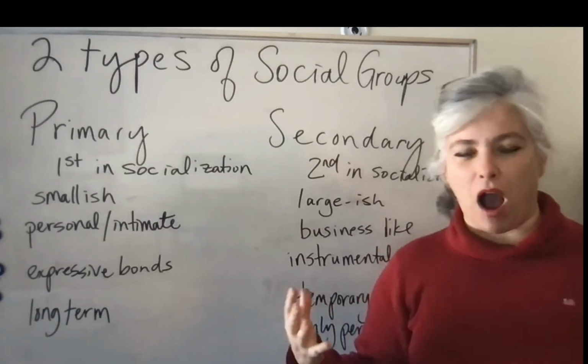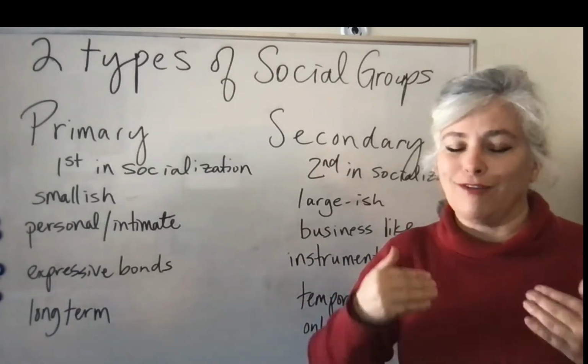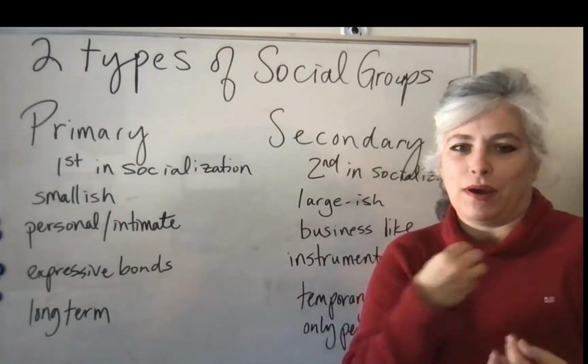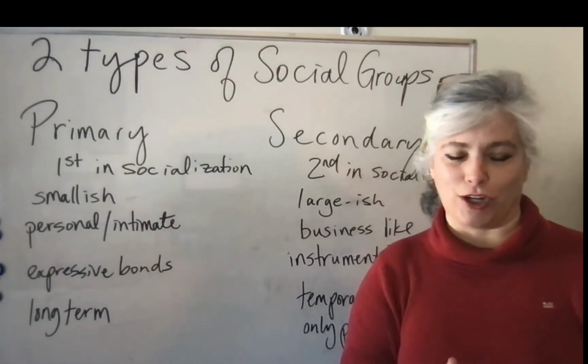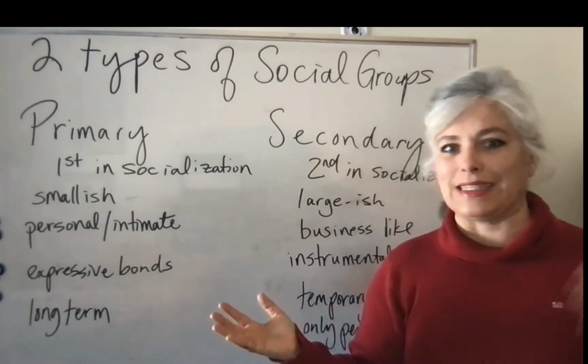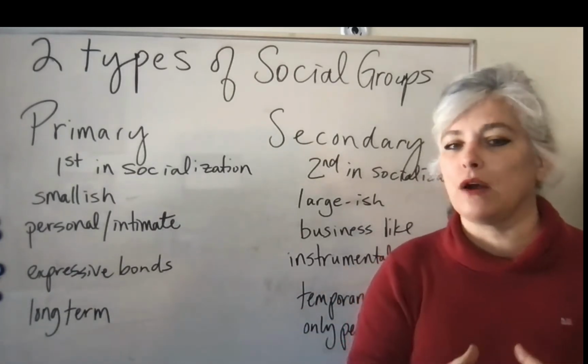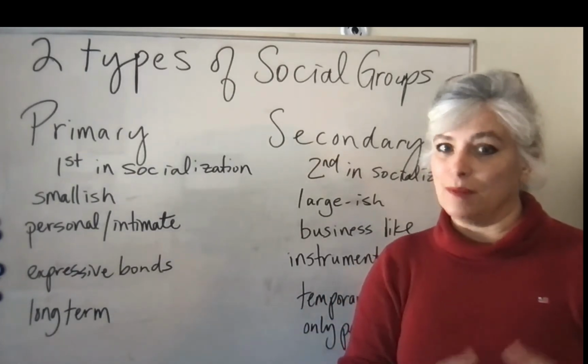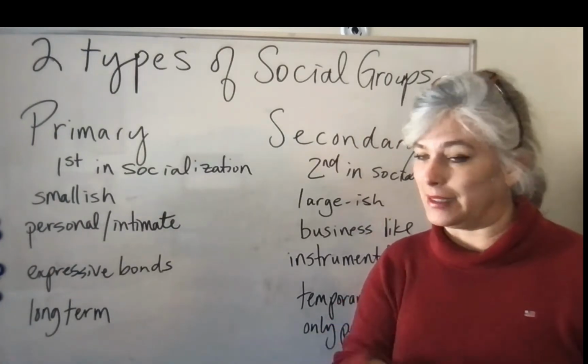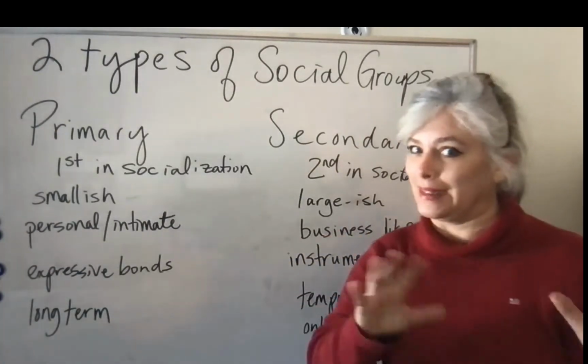So you're probably not going to have a whole lot of long-lasting, deep behavioral patterns or mannerisms or likes and dislikes or political philosophies from the members of that secondary group. Less likely. Not impossible, but less likely.